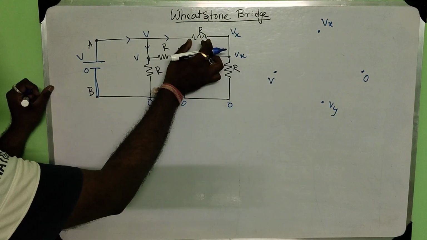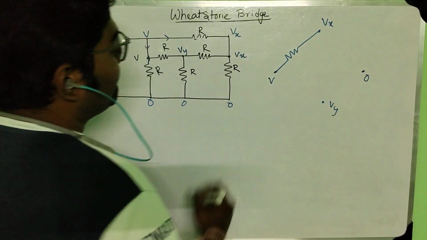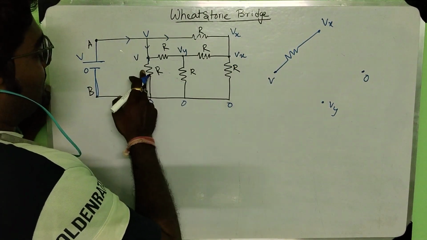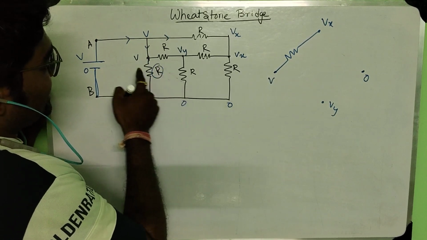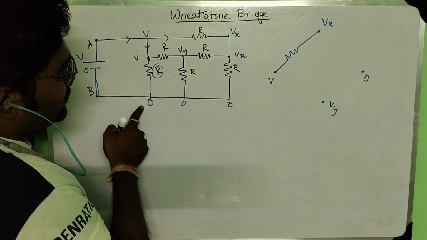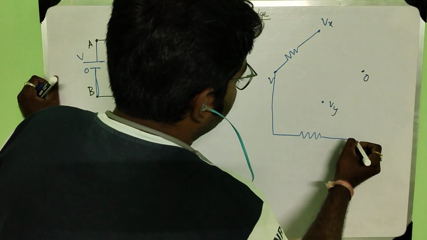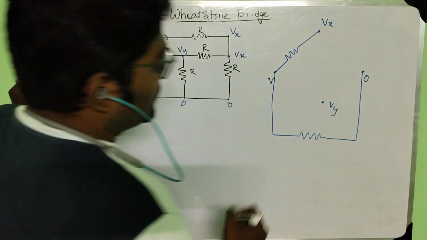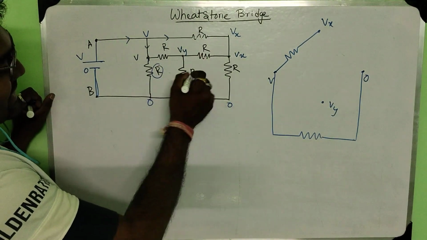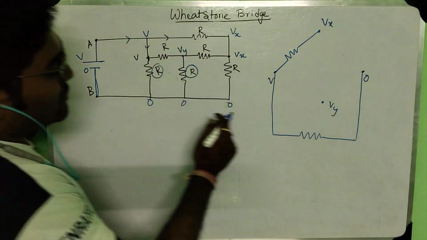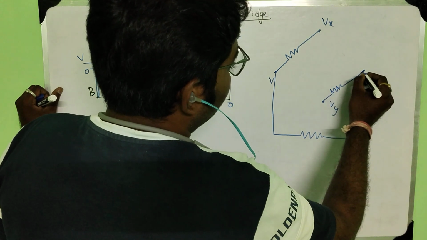This resistance is connected between V and Vx. This resistance is connected between V and 0. This resistance is connected between Vy and 0.